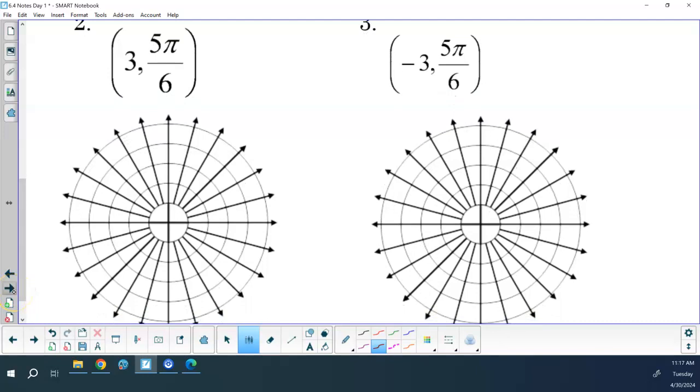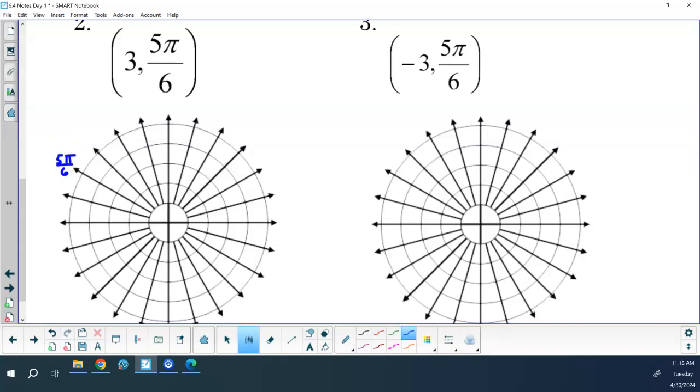So if I want to graph the point 3 comma 5 pi over 6, that means I would first need to find 5 pi over 6. 5 pi over 6 is the same as 150 degrees, which would be this one right here.